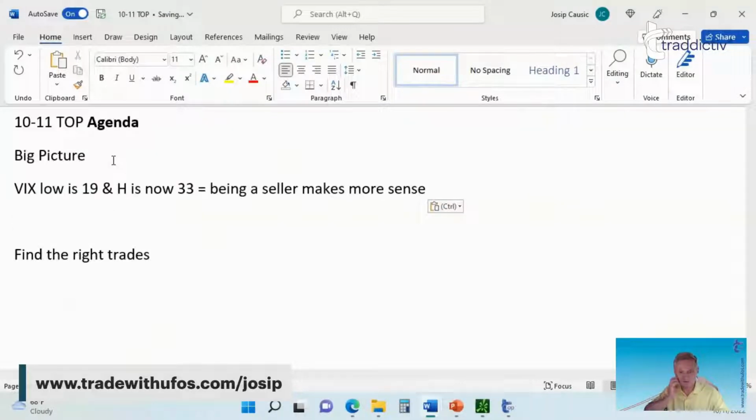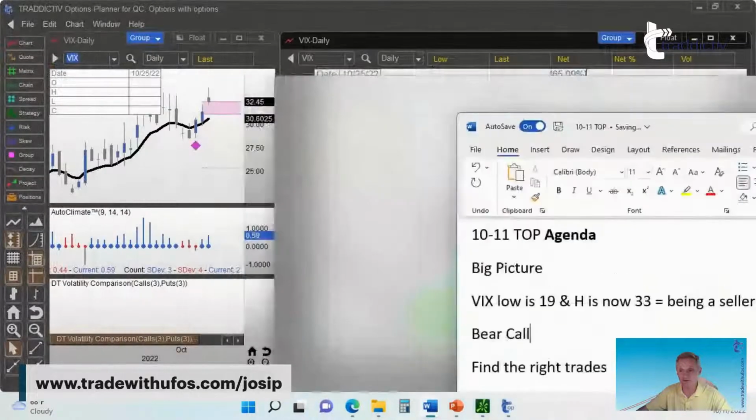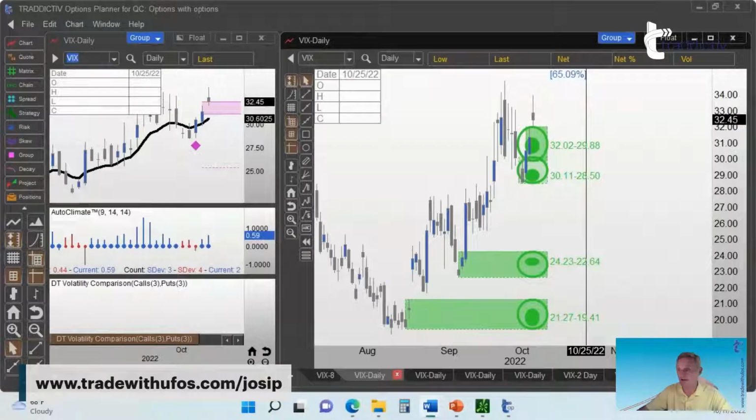If I'm going to be a seller, I'm already considering maybe a bear call spread versus a bear put spread, because a bear put spread is a debit trade, and a debit trade should be done when options are inexpensive. But due to the fact that the VIX has elevated pretty high, I think it makes sense that we're going to be considering the bear call spreads.